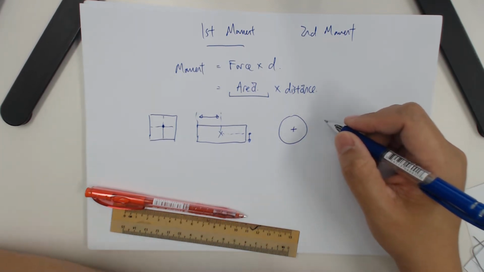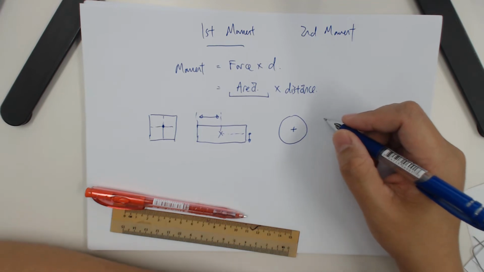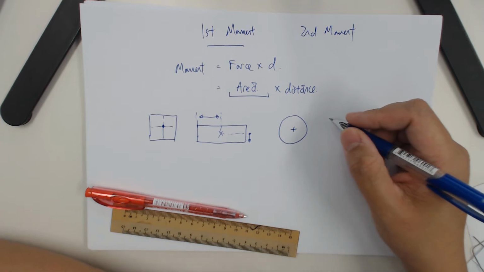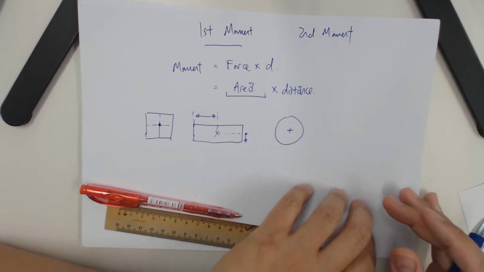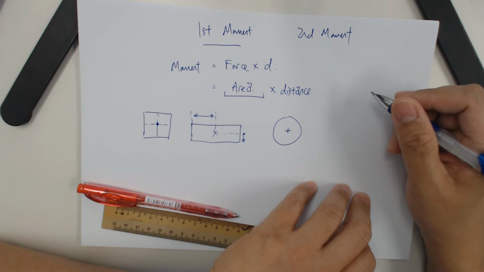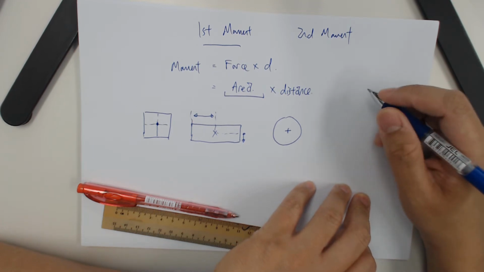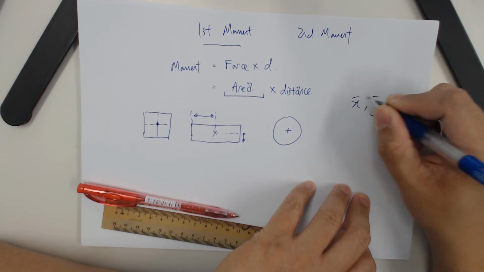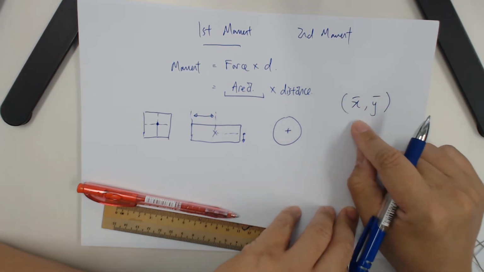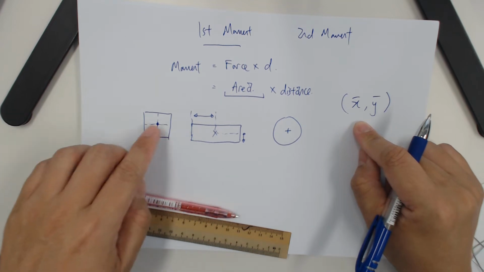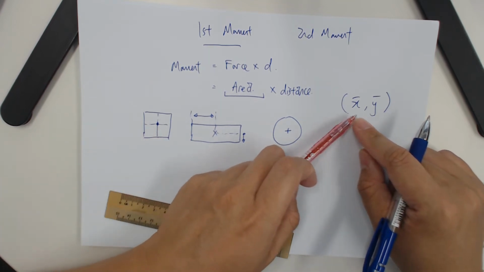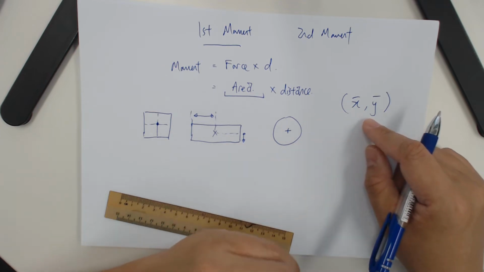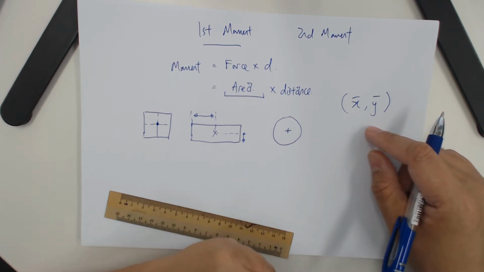Now if you are asked to provide the location of the centroid, or the center of gravity, you need to give it in numbers. The numbers are represented by x bar and y bar, meaning the location of these points. But in order to give values to x bar and y bar, you have to know where the x and y axes are first.